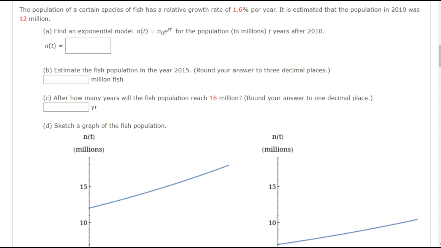And I'm just writing that down. Find an exponential model for the population some t number of years after 2010.